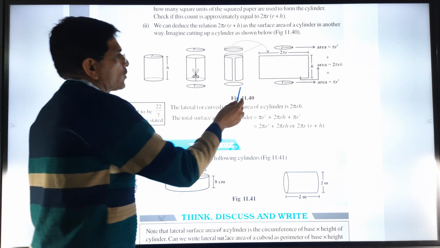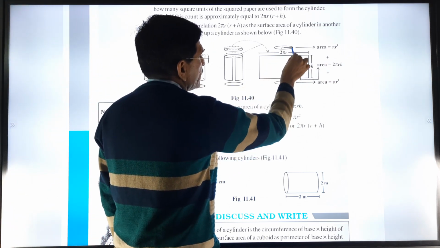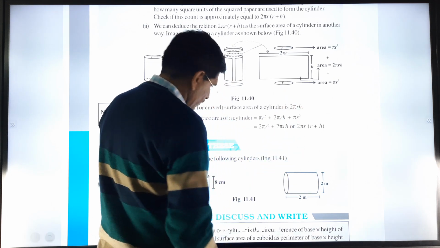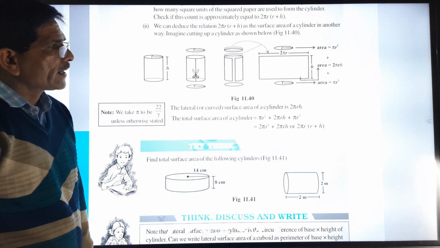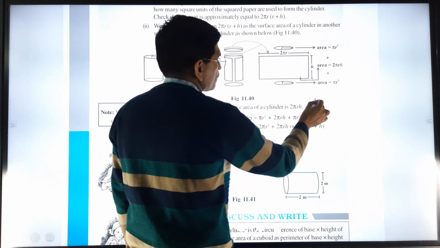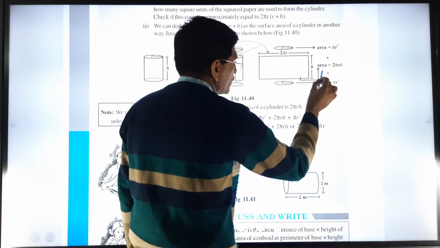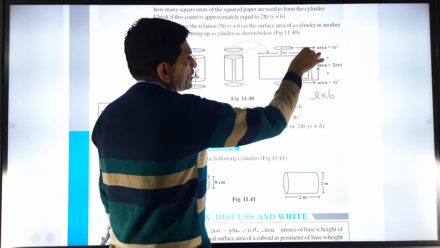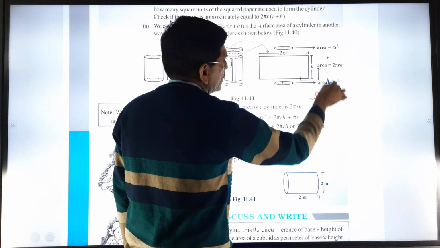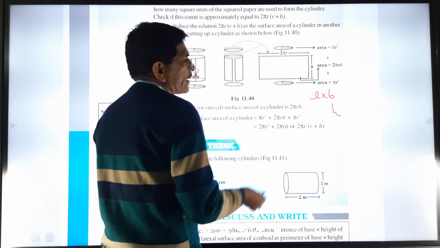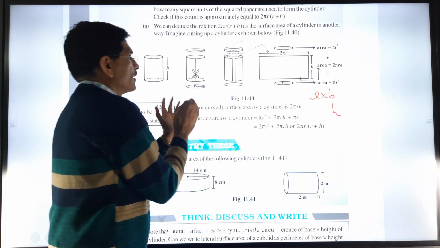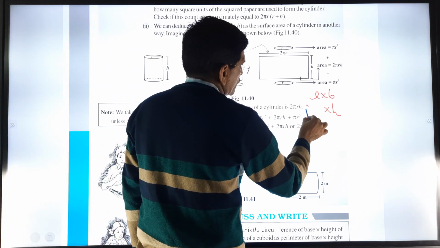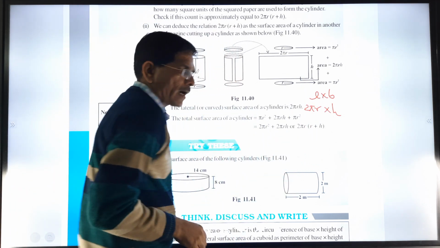The formula of area of rectangle is length into breadth, L into B. Now what is length and what is breadth? Breadth is the height, so H. Length is the circumference of the circle, so that is 2 pi r.